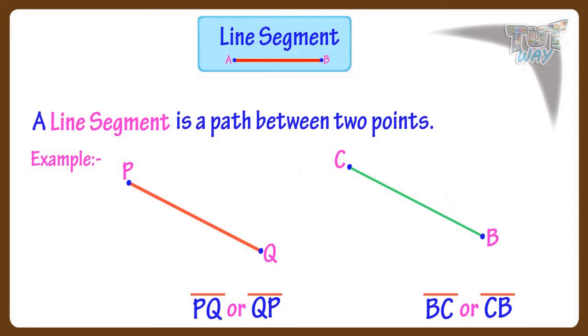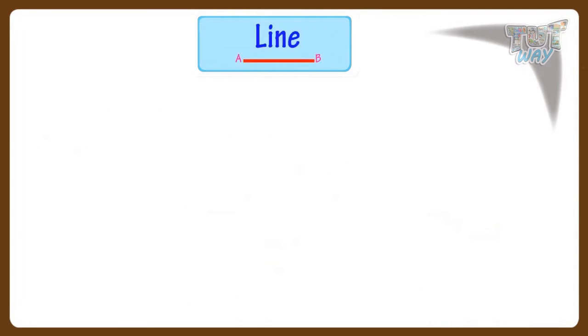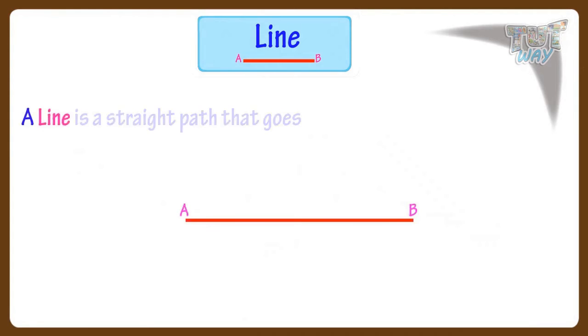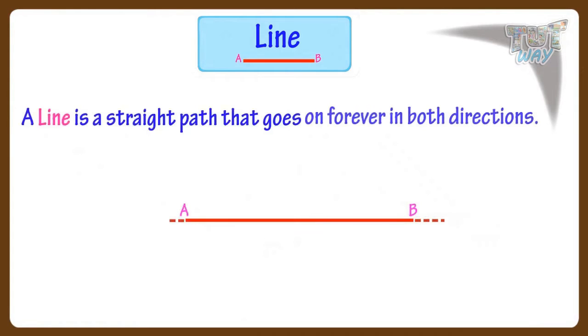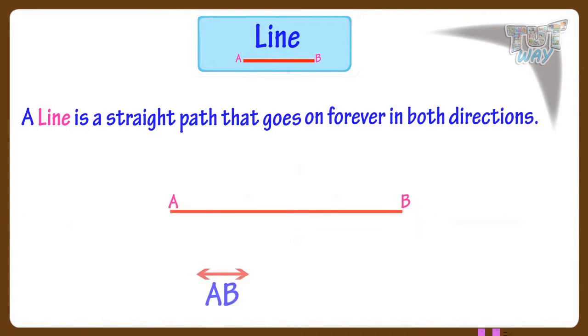Now, let's see what is a line. A line is a straight path that goes on forever in both directions. That is, there is no endpoint on a line, unlike a line segment. This is line AB or BA.